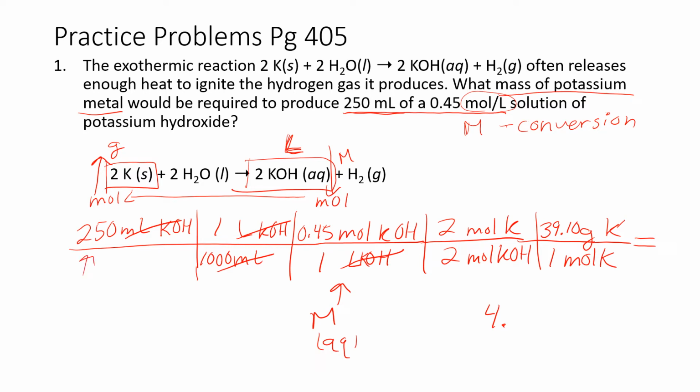I've got 2 sig figs on my given value, so I'm going to round to 4.4 grams of potassium. So if I take about 4.5 grams of potassium and throw it in some water, 250 milliliters of water, I will get a 0.45 molar solution of potassium hydroxide, but potentially a fire hazard as well. Now let's try another one.